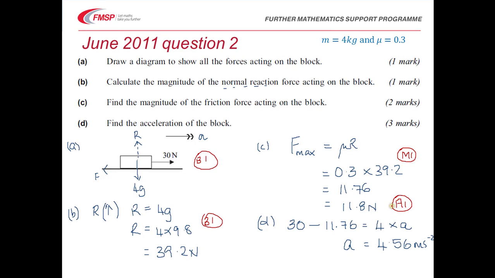In the last bit, there was a method mark for using F equals ma, and an accuracy mark for following through using your value of friction. So it would have been a follow-through mark, that accuracy mark. So there were 2 marks for that bit, and then there was an accuracy mark for getting the 4.56. So you would have got 1 accuracy mark if you'd had the incorrect frictional value, but you wouldn't have got this one. So 7 marks in total.